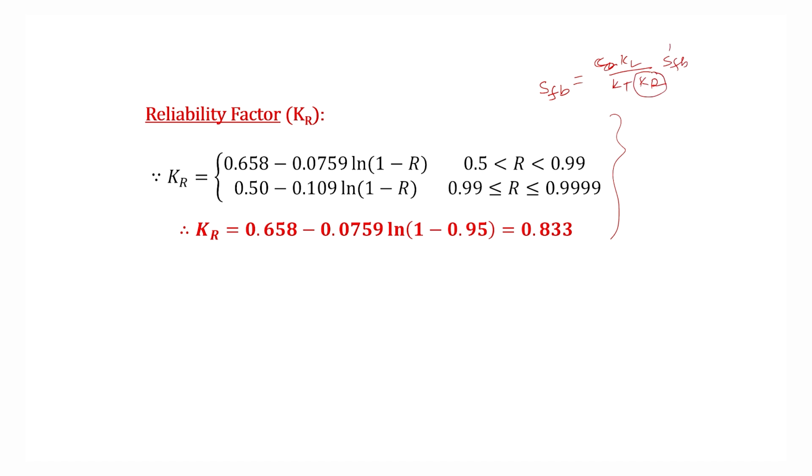So, this Kr is the reliability factor because this SFB is based on 0.99 reliability, but we are going to design our gear for reliability 0.95, and so we have to use this Kr. If reliability would have been 0.99, then the reliability factor would have been 1, but as it is lesser than that, it is 0.88.